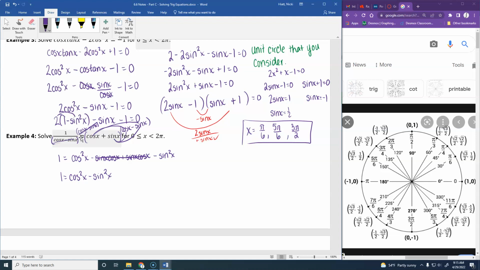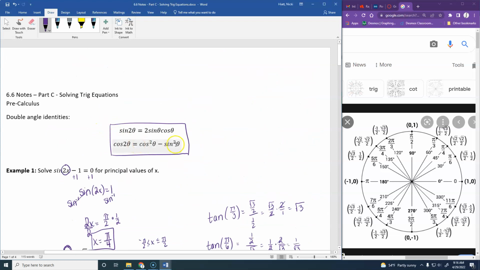Now, I could try to move the 1 over and try to factor, but is it going to factor cosine squared x minus sine squared x minus 1? We're not going to be able to get that sine squared in the middle. So you've got a couple options for how you can do this problem. There's one that's going to take a little longer, and the other that's going to use those identities that we have up here at the top of this page.